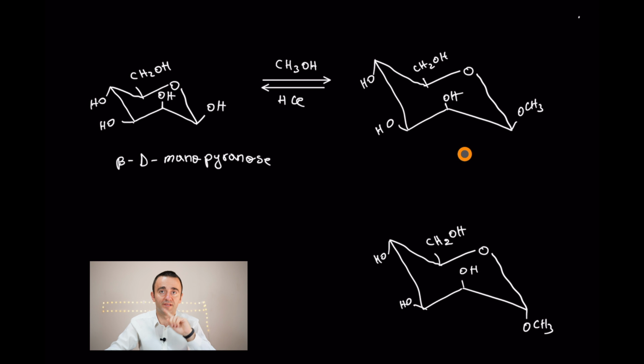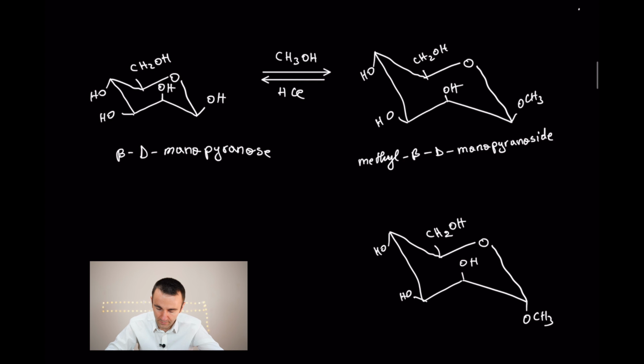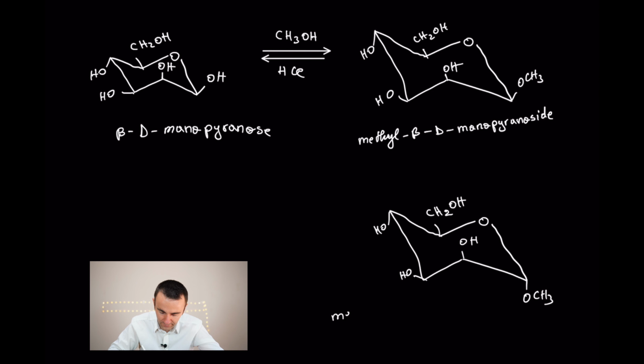To understand what is beta and what is alpha, I again recommend watching the previous video about carbohydrates. So what would be the name for this one? It is going to be methyl beta-D-glucopyranoside. For this one here, methyl alpha-D-glucopyranoside.